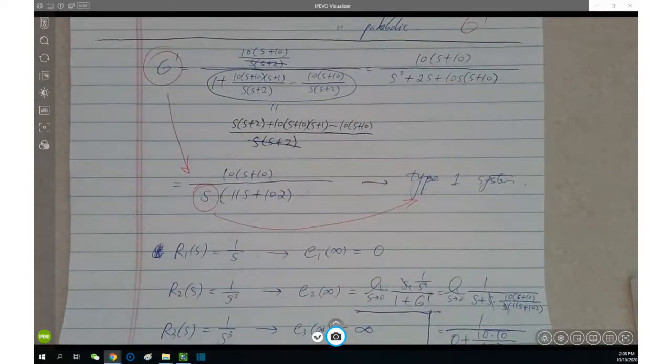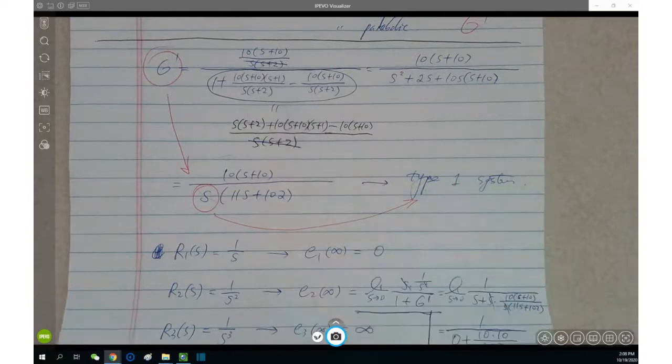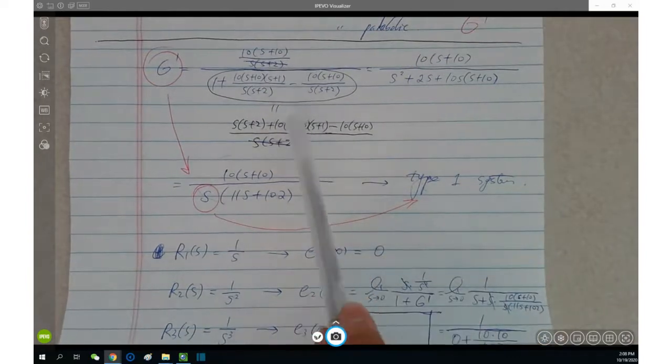What's the most effective way to conduct the algebra here? Especially here. Don't freak out. You put them together to become one single fraction. Uniform the denominator. Any questions?